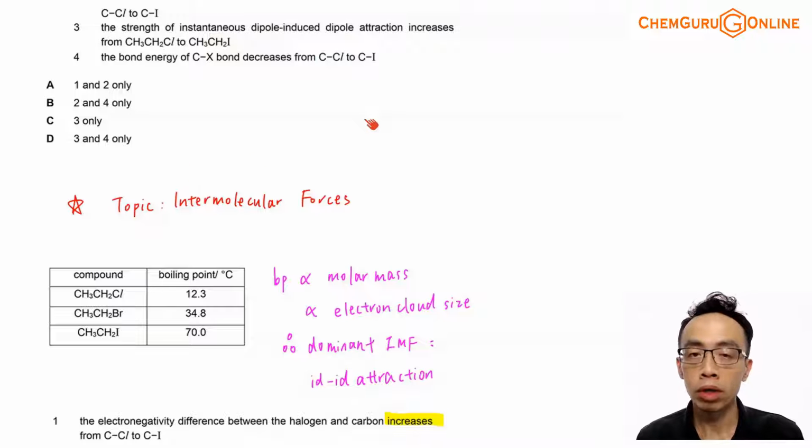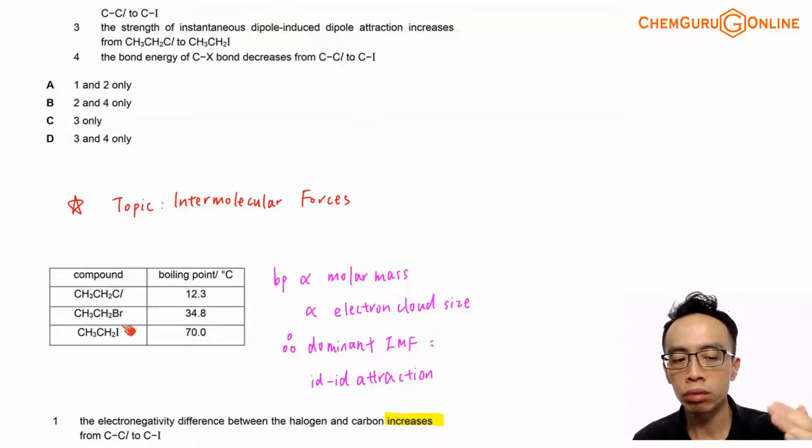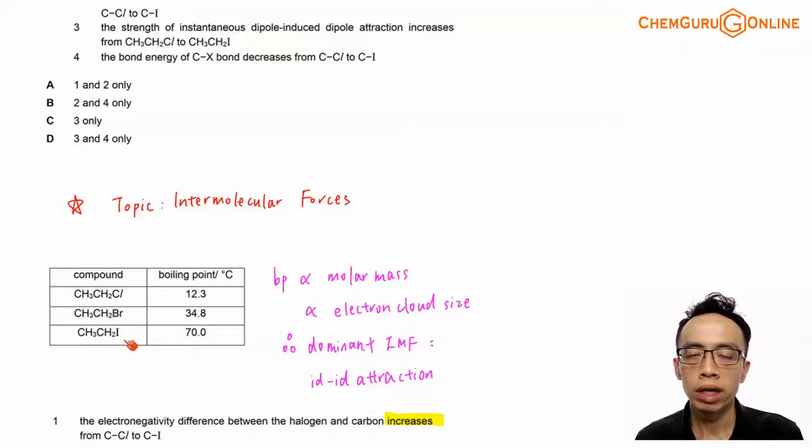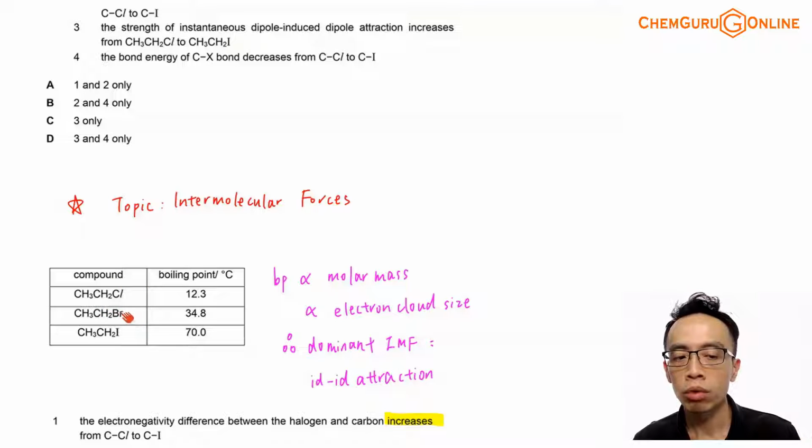So this means that the boiling point for my halogenoethane is directly proportional to the molar mass and directly proportional to the electron cloud size. When you go down the group from chlorine to bromine to iodine, the electron cloud size increases, and therefore the electron cloud size for chloroethane, bromoethane, and iodoethane will also increase.